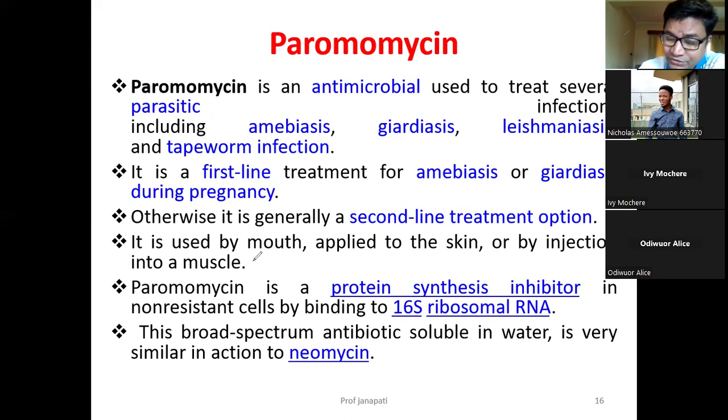You can give it by mouth, because it's not absorbed, in the form of tablet, or applied on the skin, or by injection into the muscle. It also inhibits protein synthesis in a non-resistant cell by binding to 16S ribosomal RNA. In the same way, it inhibits misreading of the codon, and also the translocation process.